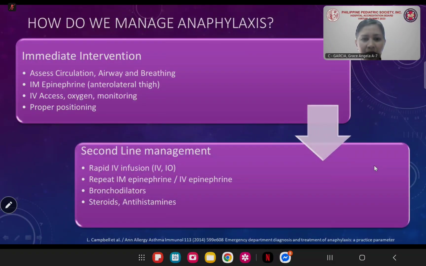The second line management would be you can give a rapid IV bolus if you have hypotension, and you can repeat your IM epinephrine for 3 doses.